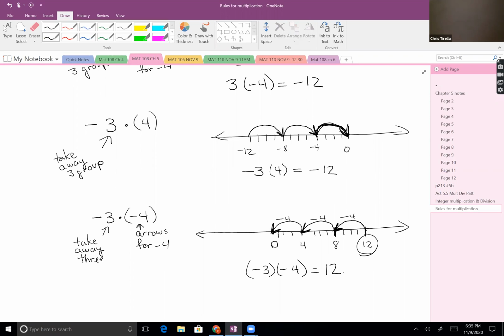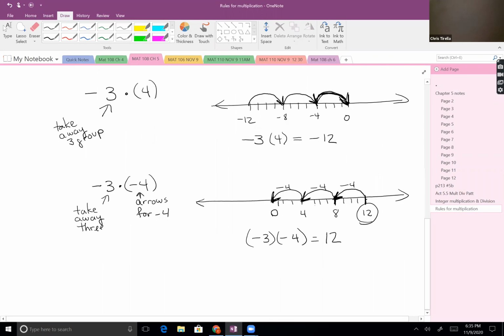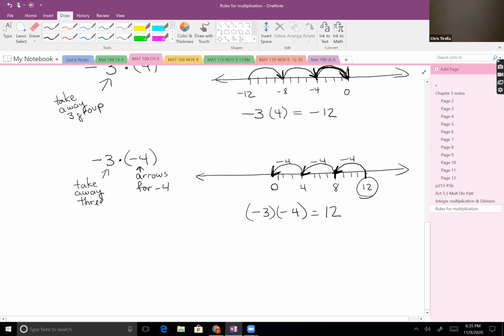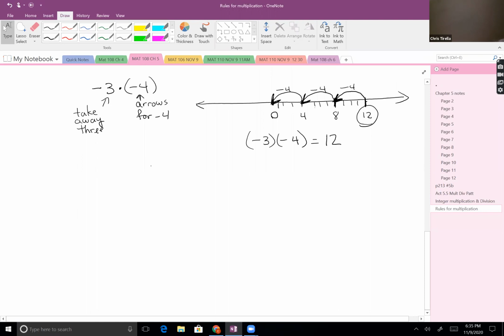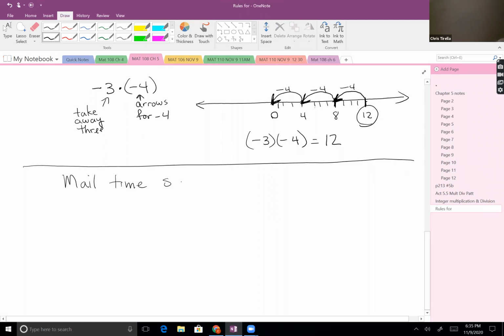And then if you read through this last section of the chapter, they also use mail-time stories for the multiplication of integers.